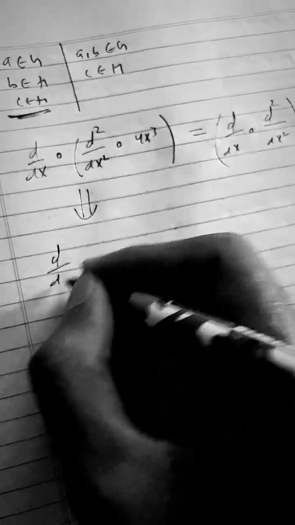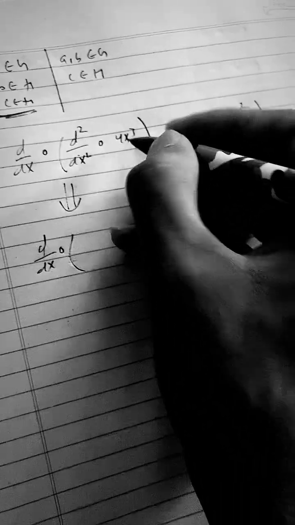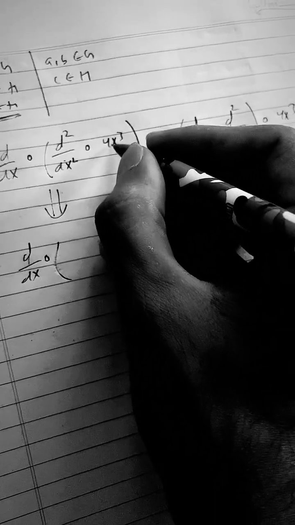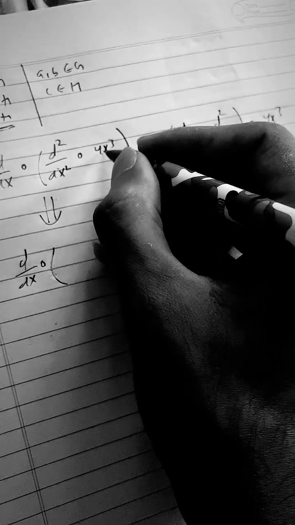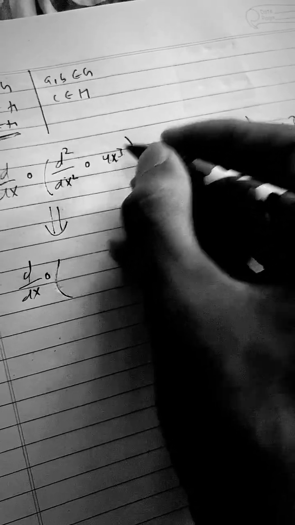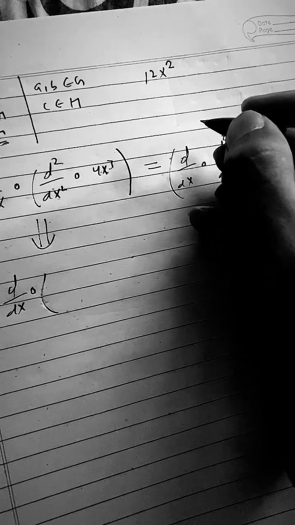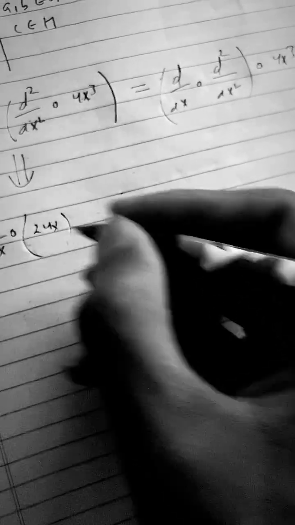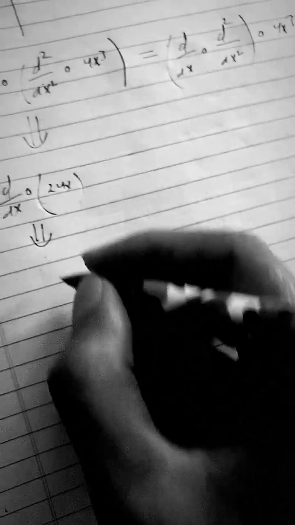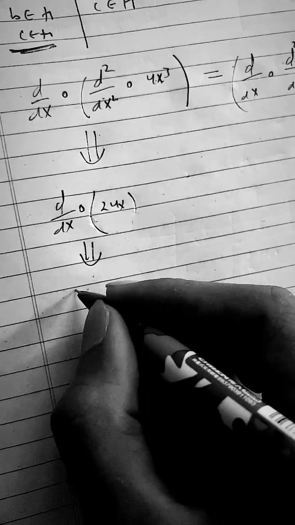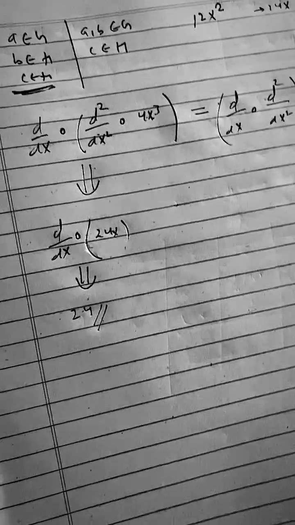So to evaluate this, d/dx acting on this is a second derivative. The first derivative of this is 12x^2, and the second derivative will be 24x. So the answer will be 24x. Evaluating further, the first derivative of 24x is 24. So we got 24 here.